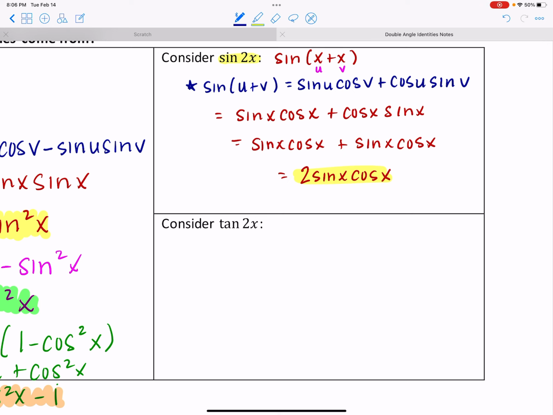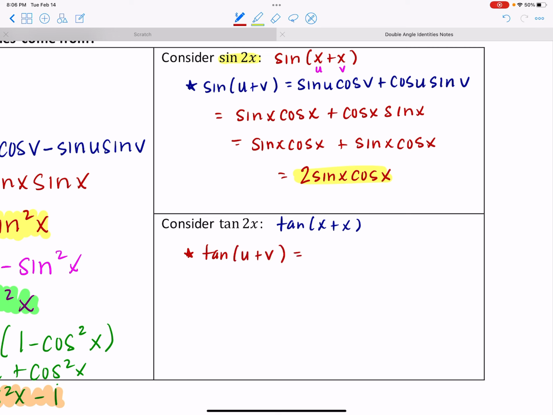So again, let's call this the tangent of x plus x. So our tangent says if we're taking the tangent of a sum, let's call this the tangent of u plus v.